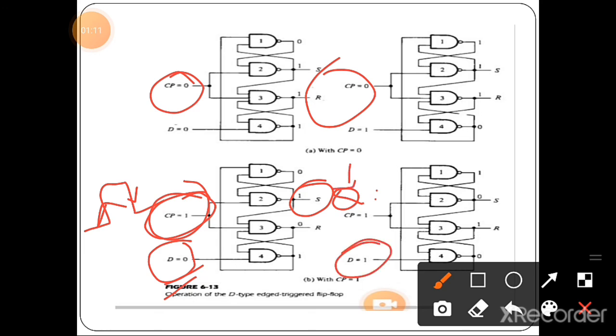If D is equal to 1, then R becomes 0. Then that will be transferred to Q. So during this negative edge pulse, there is no transition and it does not affect the output. So it is maintained in the previous state. Hence, the edge-triggered flip-flop eliminates any feedback problem in the sequential circuit, just as a master-slave flip-flop does.